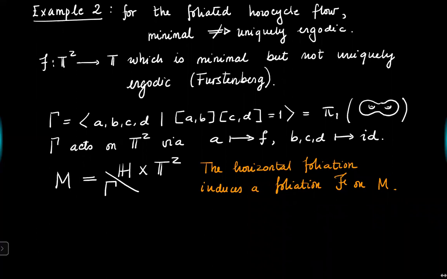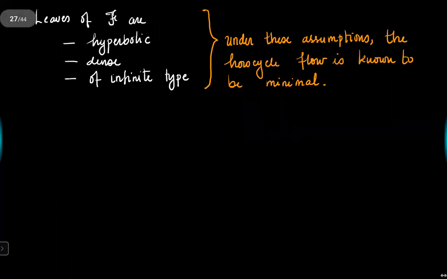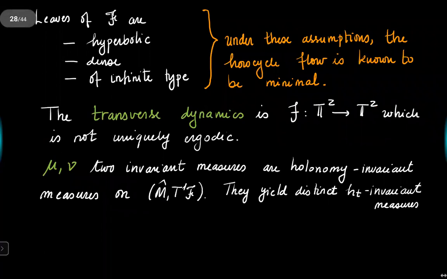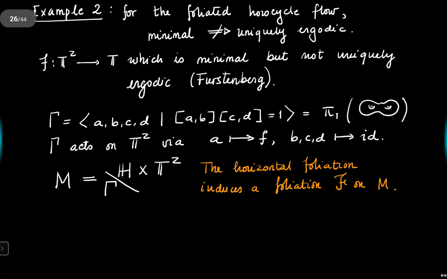And I'll go quickly through this because I'm a little bit late, but from two different invariant measures for this dynamics, you can construct a foliation by hyperbolic surfaces for which the foliated horocycle flow is known to be minimal, but that has two different invariant measures, each coming in a natural way from an invariant measure for the map F. So here in this construction, F will be the transverse dynamics to the foliation.